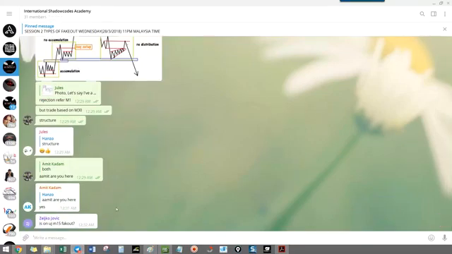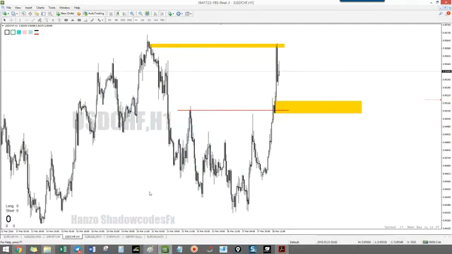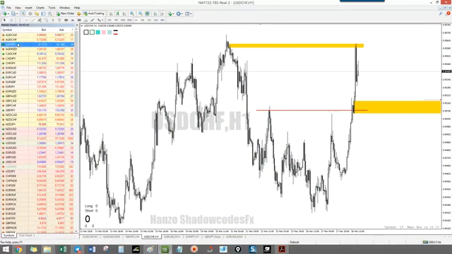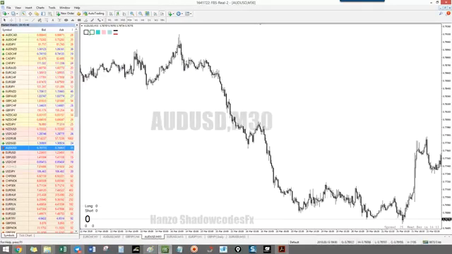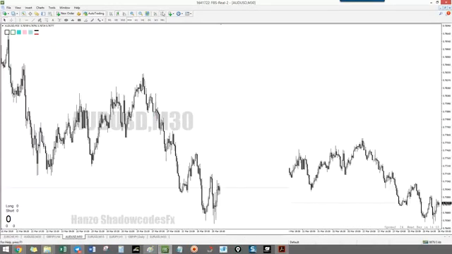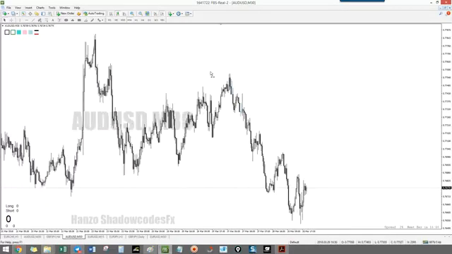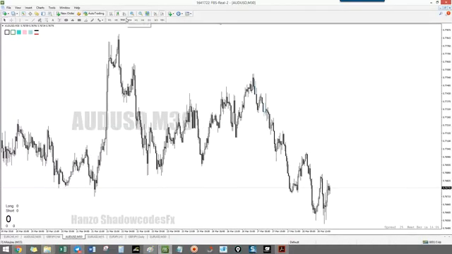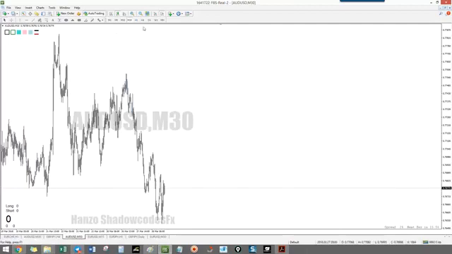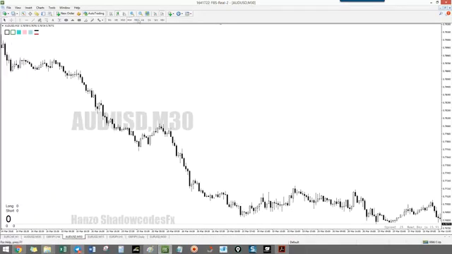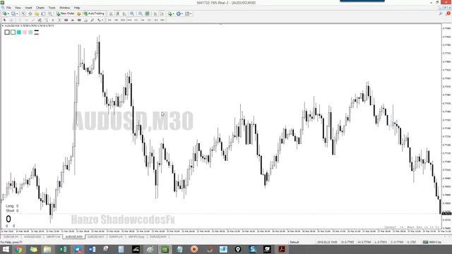This is AUD USD, M30. Okay, let's draw. It will look something like this.